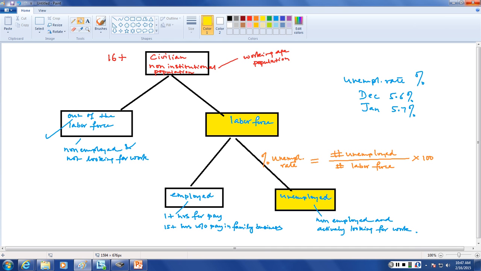Now there are some other rates that the BLS also reports. And one other important rate is called the labor force participation rate. And the labor force participation rate is this percentage here. So this is the percentage labor force participation rate.